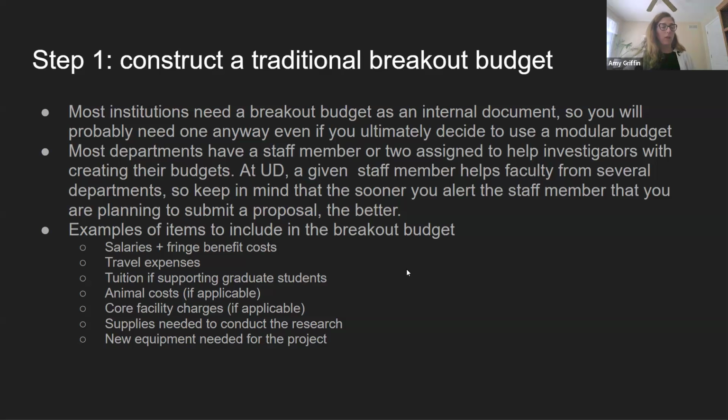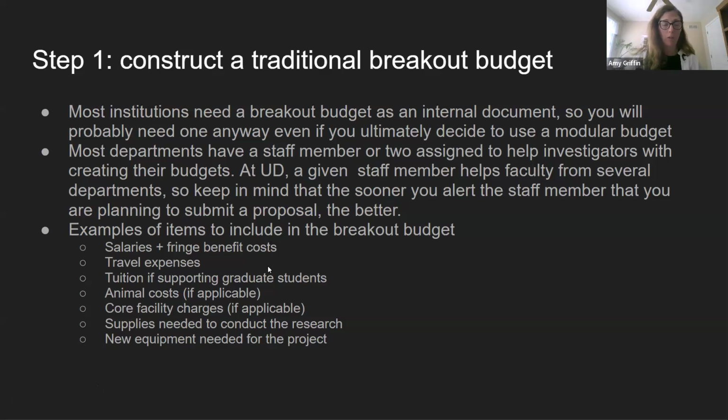All right, so the items that you want to include in the breakout budget. In the psychology department, we're lucky. Tracy has already prepared a breakout budget template. So in your department, there probably is one as well. If not, let me know and I can send you the template.